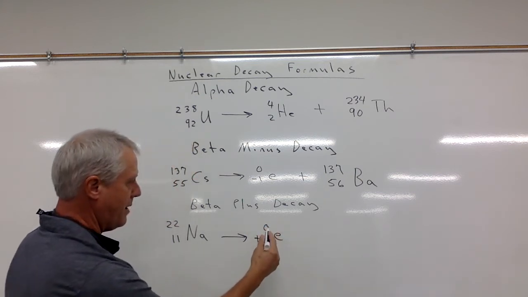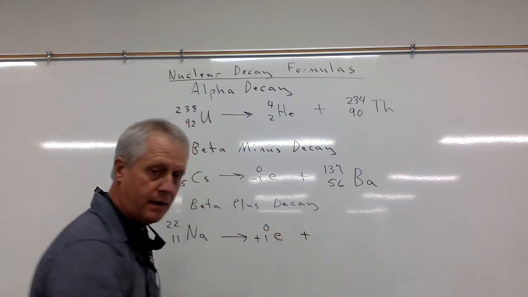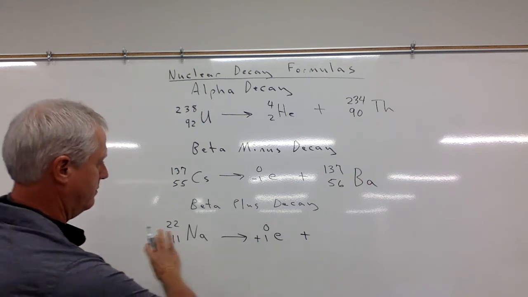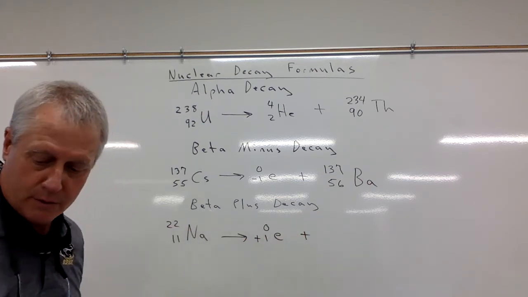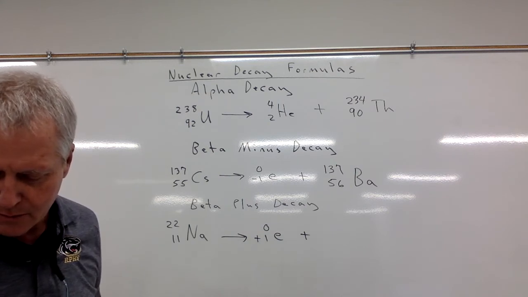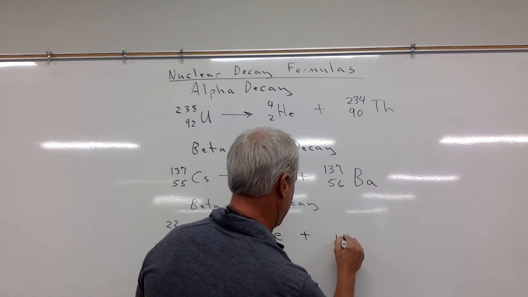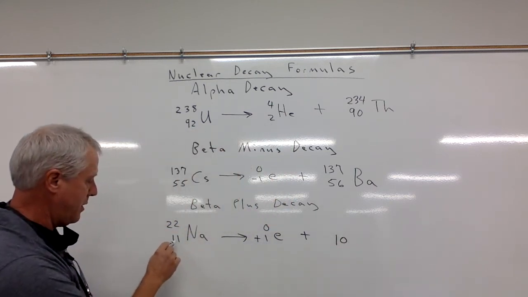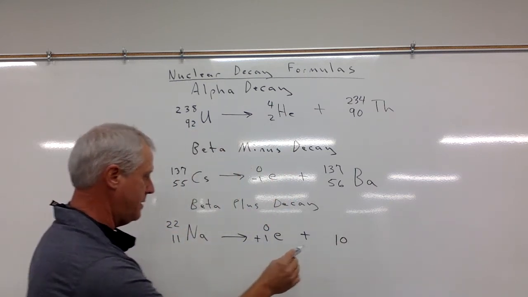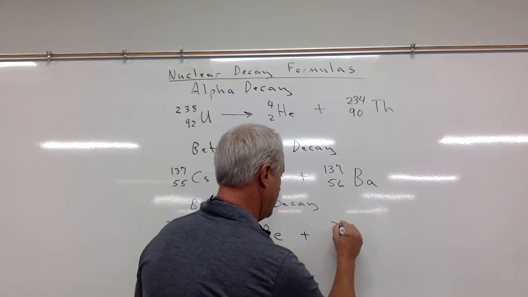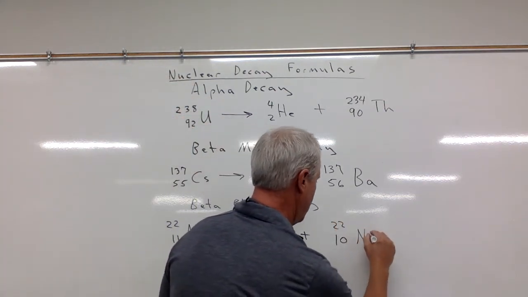This is representing a positron, which really results in as if a proton is leaving the nucleus of the sodium. So what we end up getting here would be 10. We're losing 1 proton, and so now the atomic number becomes 10, which turns out is neon. And again, the atomic mass doesn't change.